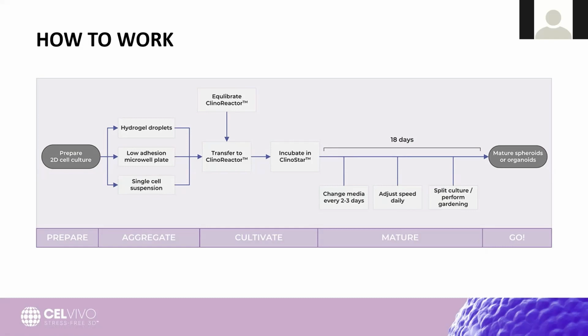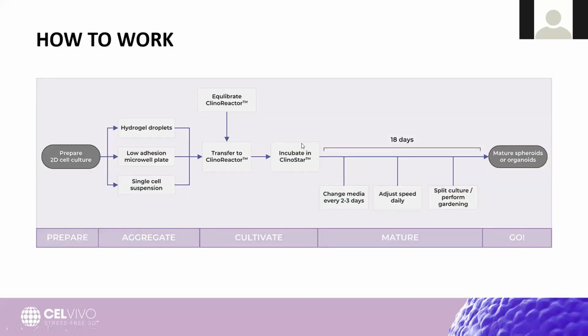Which one to use depends on the nature of your sample and what you want to achieve. But once you have chosen your aggregation method, you transfer your aggregates or your single cell suspension to the ClinoReactor. The ClinoReactor is incubated in the ClinoStar.